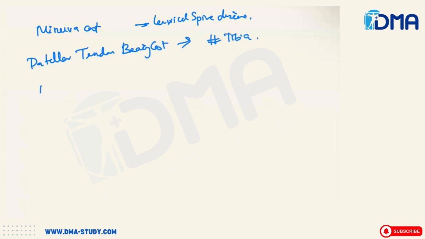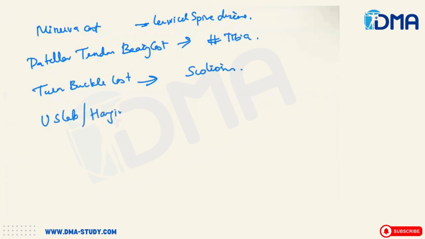Then turnbuckle cast is used in scoliosis. Then the U slab or a honey cast is used for the fracture of the humerus. Right? These are the casts that are most commonly used.